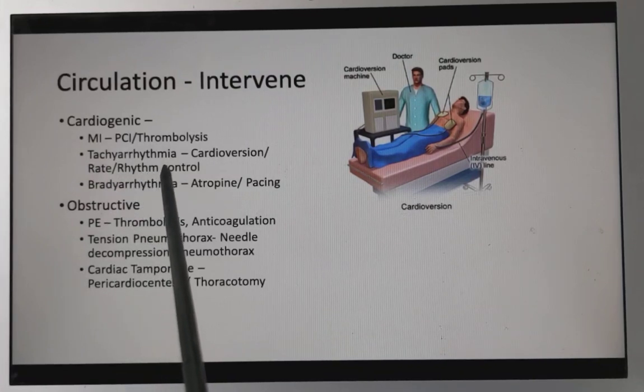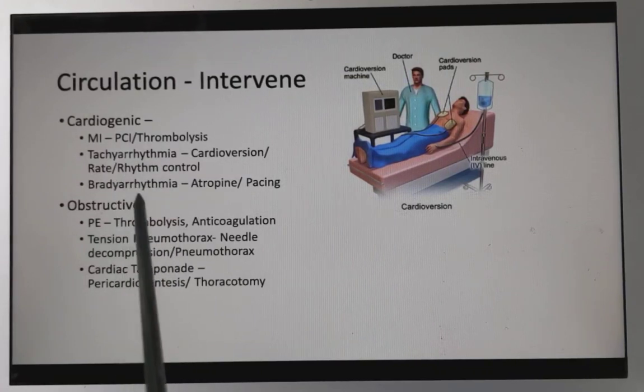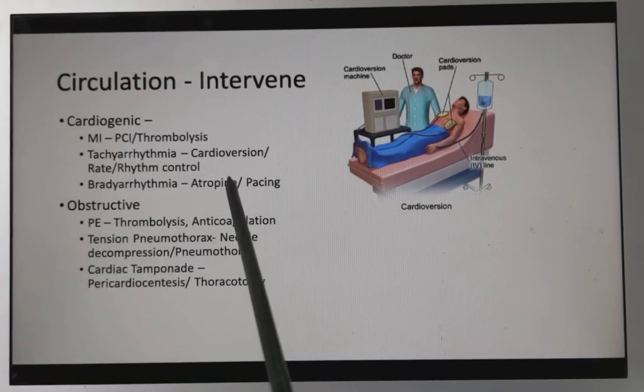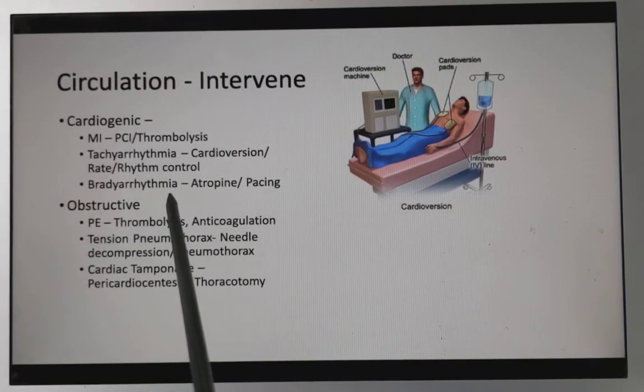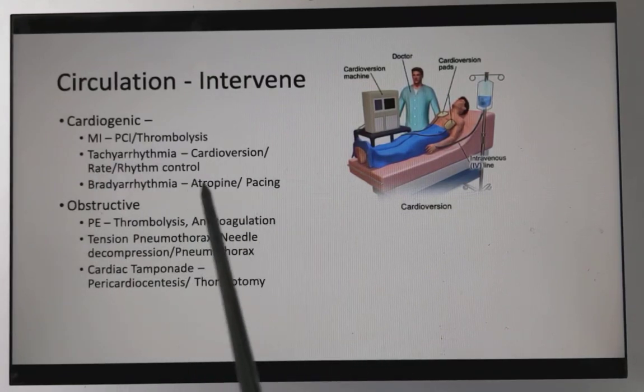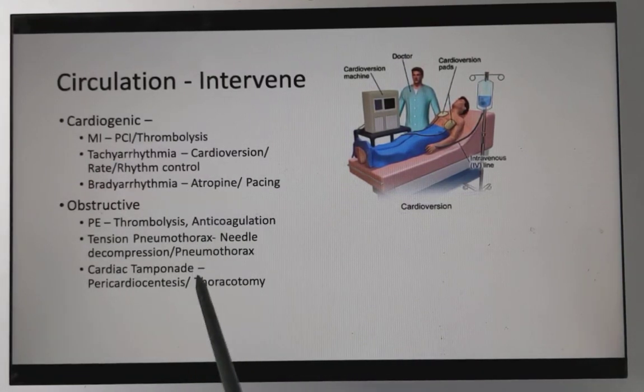Now, if the heart is too fast or too slow, it could be tachy or bradyarrhythmia. In tachyarrhythmia, you would need to consider things like cardioversion, or rate or rhythm control by giving medicines. And in bradyarrhythmia, you need to consider atropine or pacing.